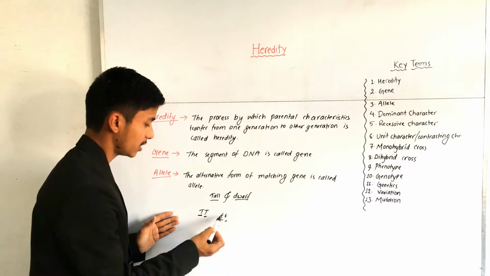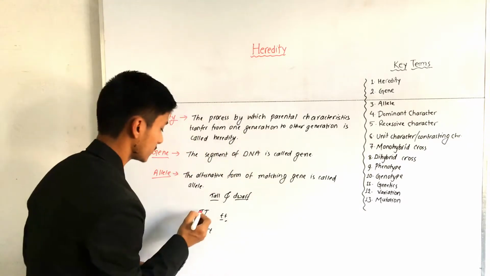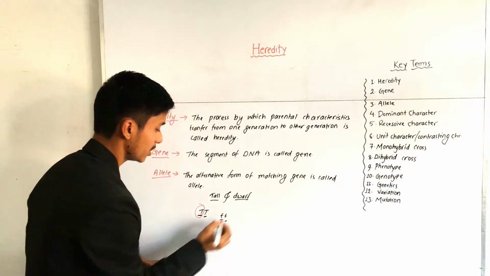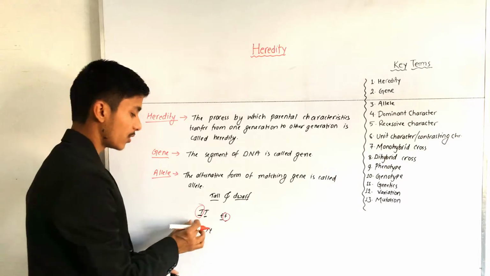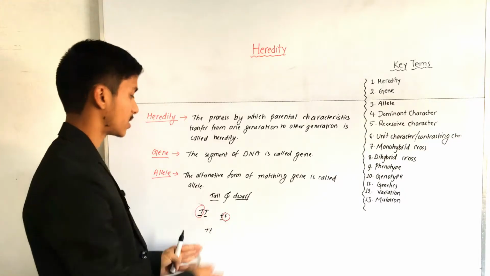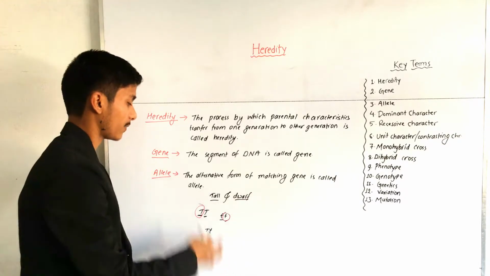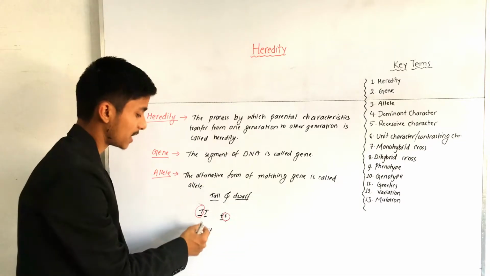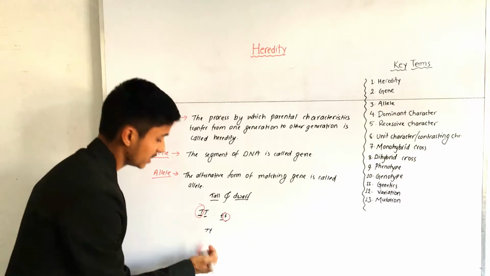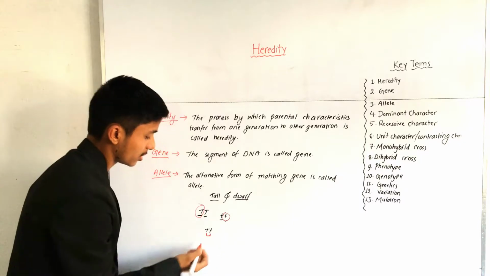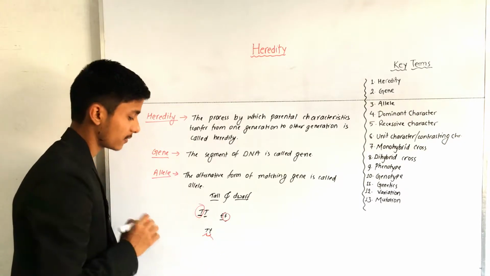This single one is called allele here. In this, only capital T, or only small t, is one allele. It is the alternative form of a matching gene. You can see here the matching gene. This is the alternative form: here tall and here dwarf.